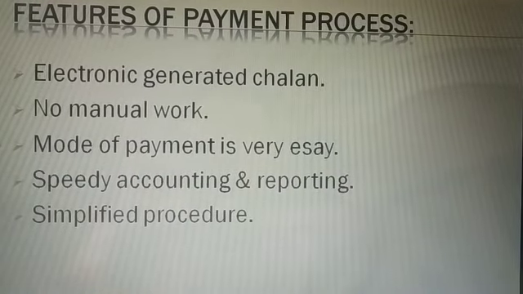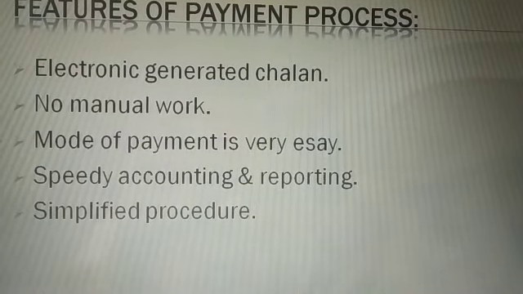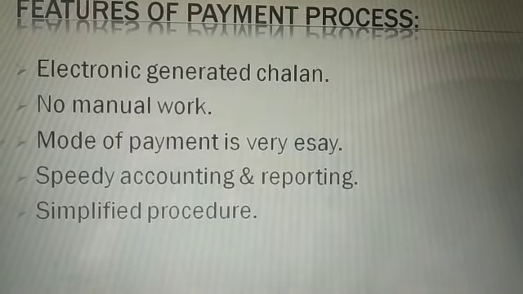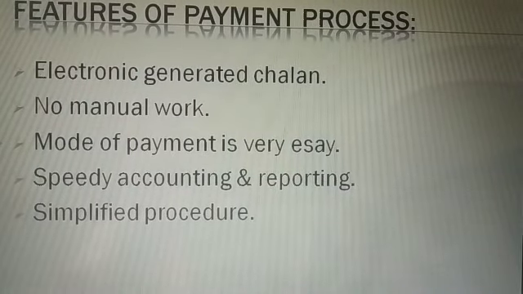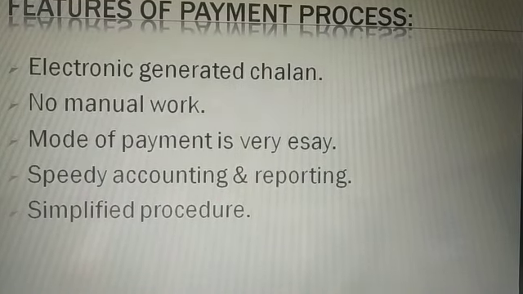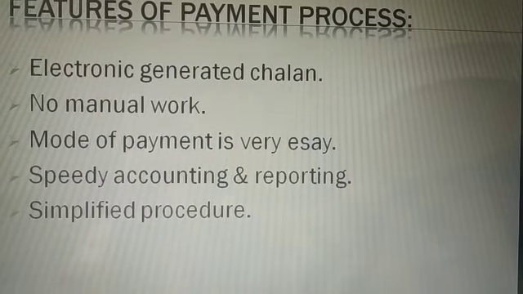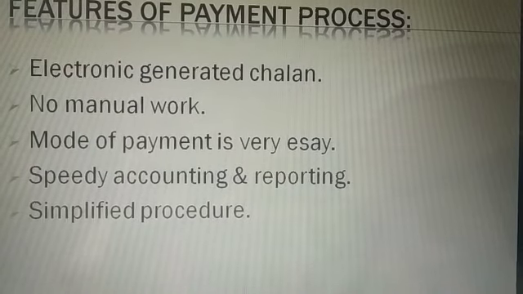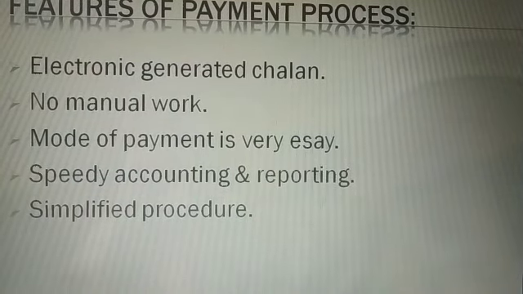No manual work, paperwork is less, and manual work is no more, because it is all related to online transactions and electronic forms. So the mode of payment is very easy. We can make payment anywhere and anytime by using internet banking or credit or debit cards.